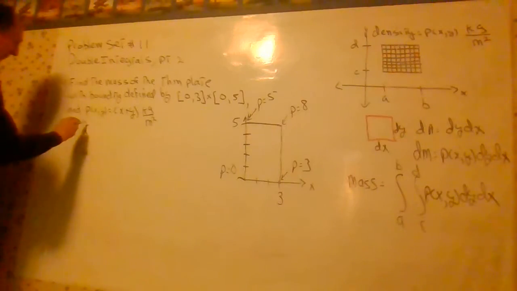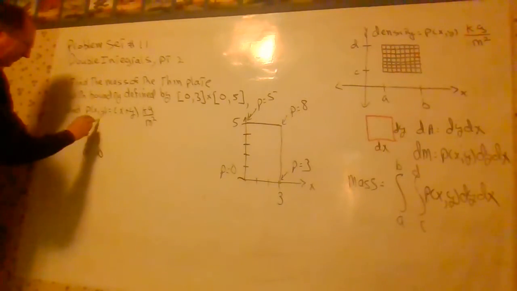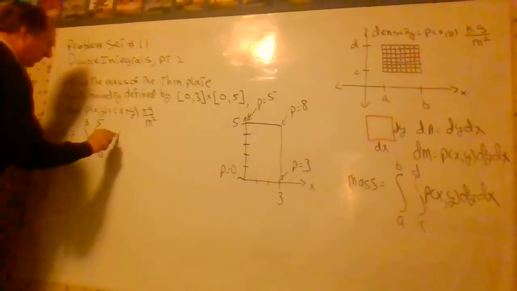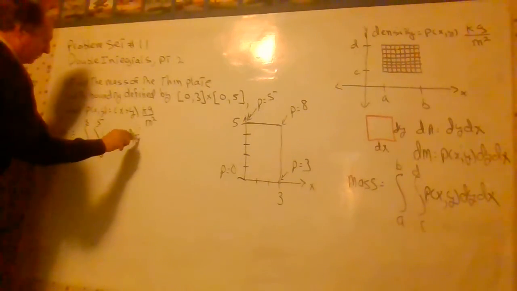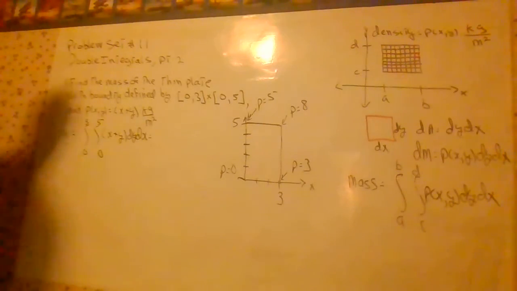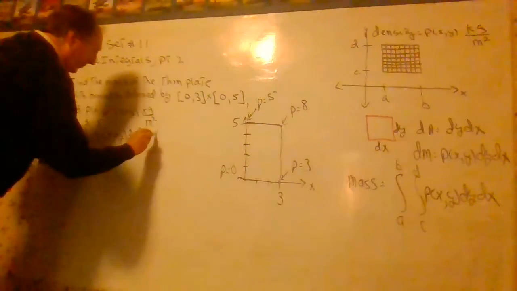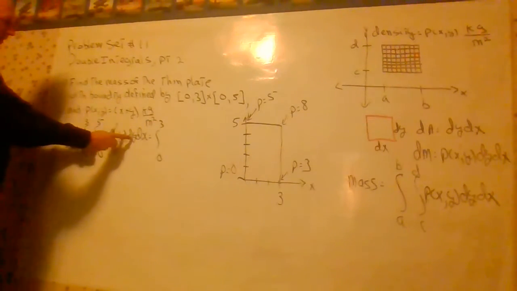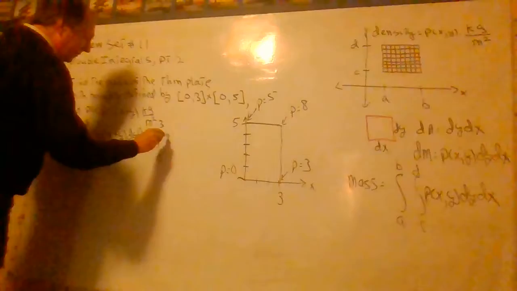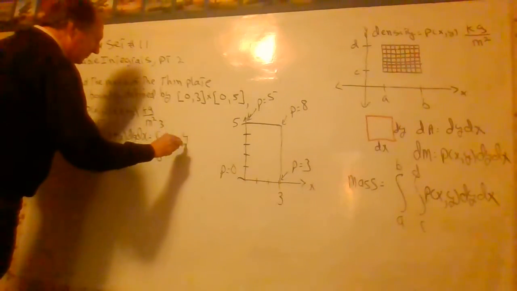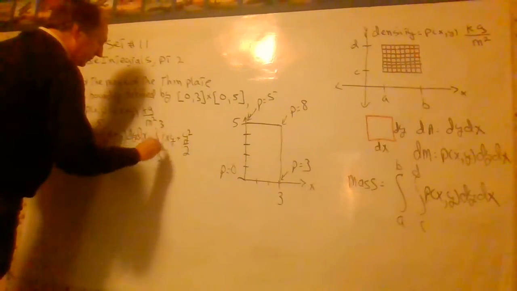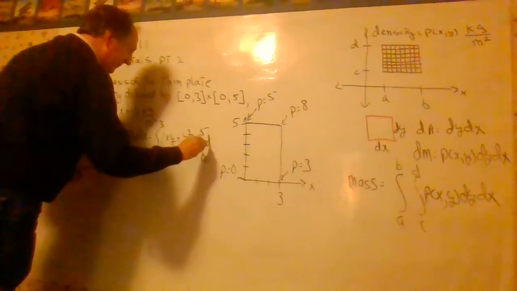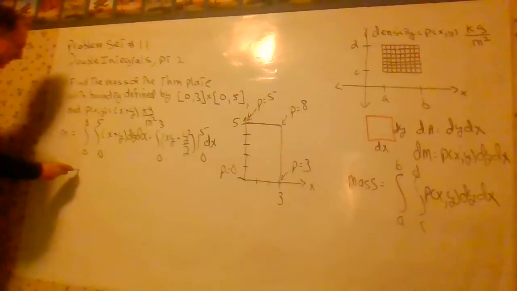Integral from 0 to 3, integral from 0 to 5, and we have x plus y dy dx. We need to integrate with respect to y, which gives you xy plus y squared over 2, from 0 to 5, dx.